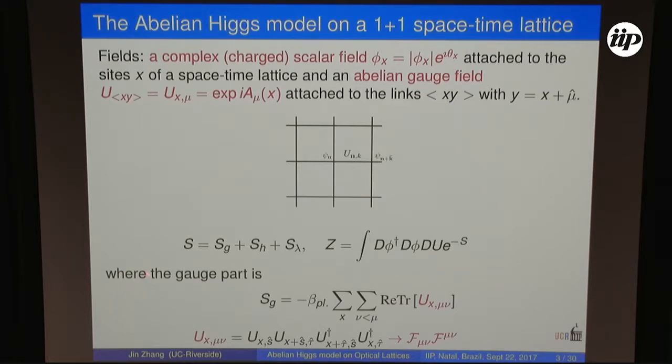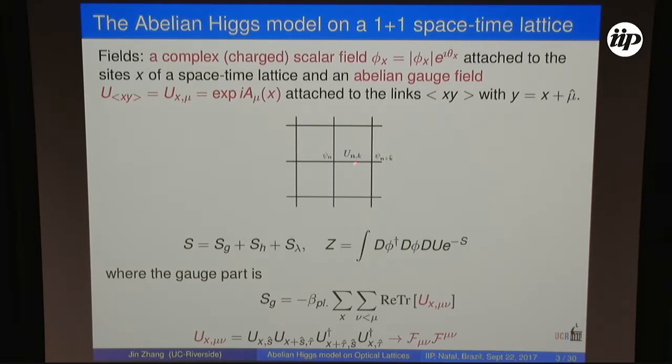Now the gauge part, the first one, is the coupling times this term. The U_{x,μν} term is just a product of 4 terms around a small plaquette.